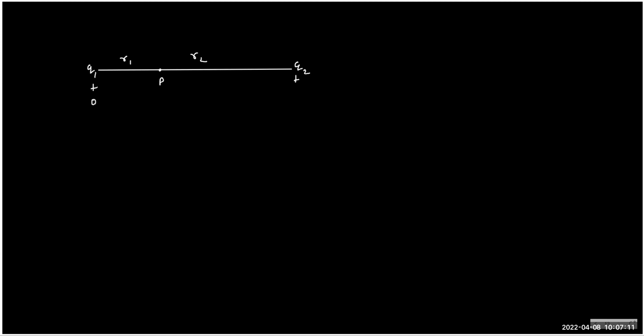So let's say this is origin, and this is the x-axis. You can choose anyone as origin, so that's easy. So this is 0, 0, and this is the x-axis.